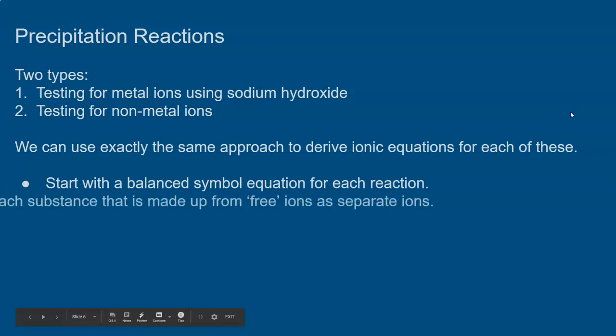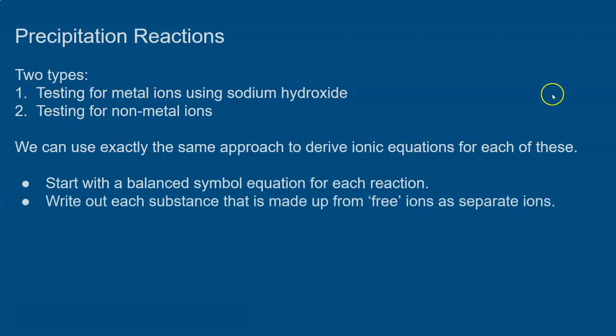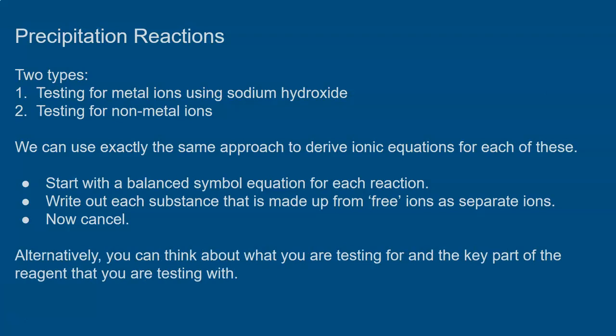So again, start with the balanced symbol equation. If you want, cancel out once you've written everything as free ions. Remember, the precipitates are not free ions. You can do it another way, using the idea of key ions from the reagent that you're testing with, and obviously the one you're testing for.